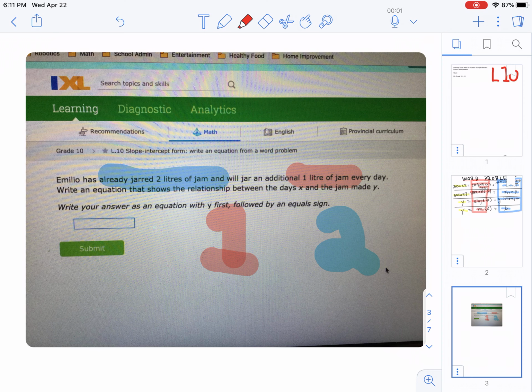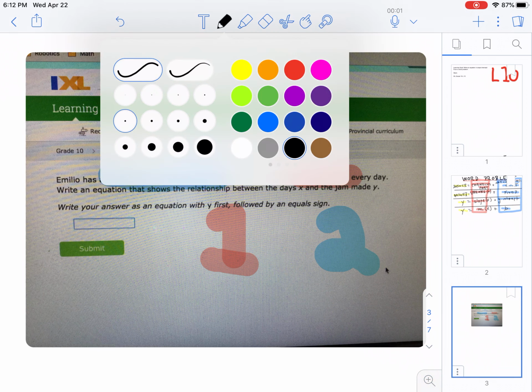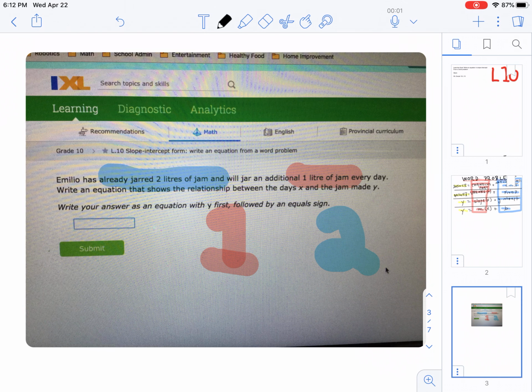And if he did it for 2 days, he'd make an extra 2 liters of jam, and so on. So what we want to do is to put these numbers into our equation, where we would write y equals 1x plus 2.